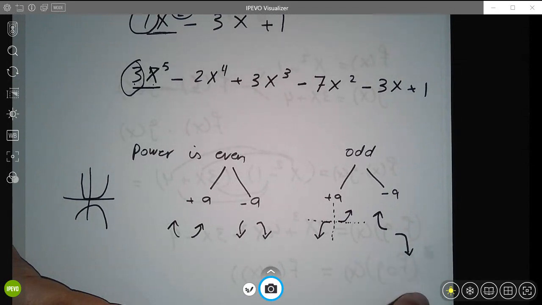Make sense? So for the x positive direction and y positive direction, the function is going up. And for the x negative direction and y negative direction, so this quarter, the arrow is going down. So if they match with the values of x and y, then this is the positive.